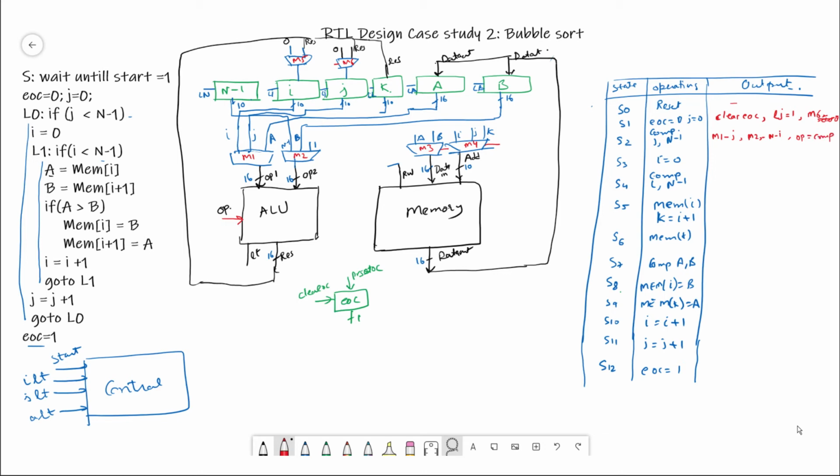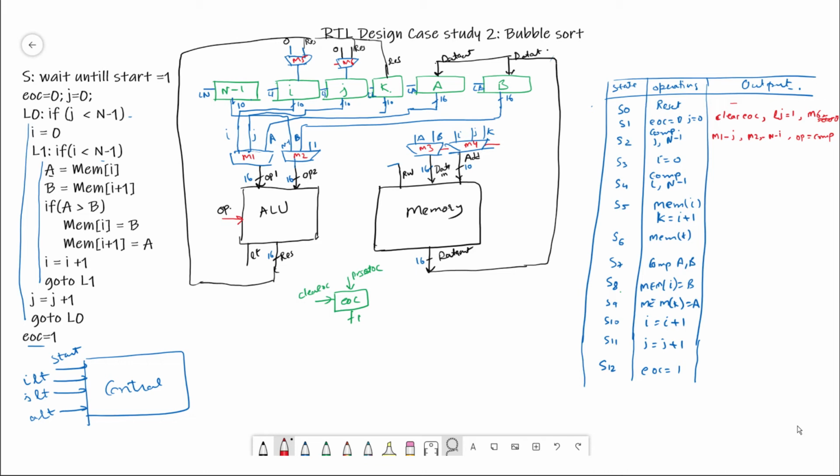These are the three things. This value will not be written anywhere, because this is just a comparison. There is no result that will get written.